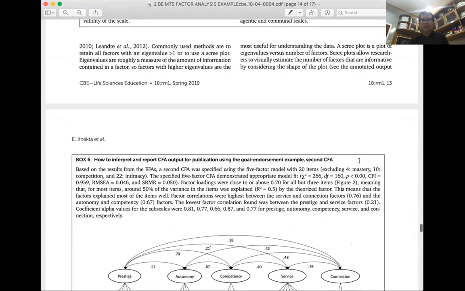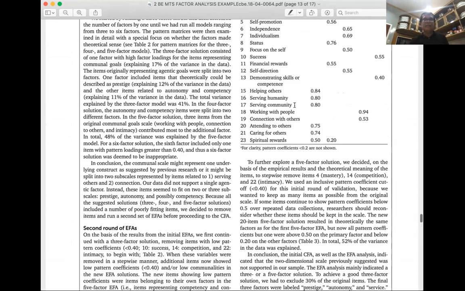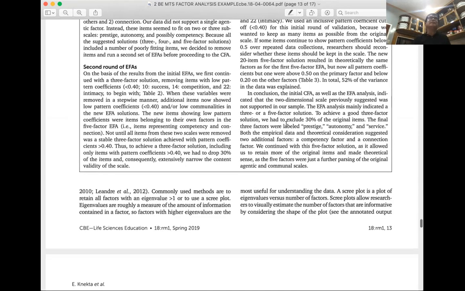If you look at statements 18 and 19, working with people and connection with others, the right term is connection. Of course, there are times that you can think easily about the term based on the statements provided. And we have to think that the term being used for the new factor's name should be very logical, and they actually justify and correlate with the different items in the cluster.